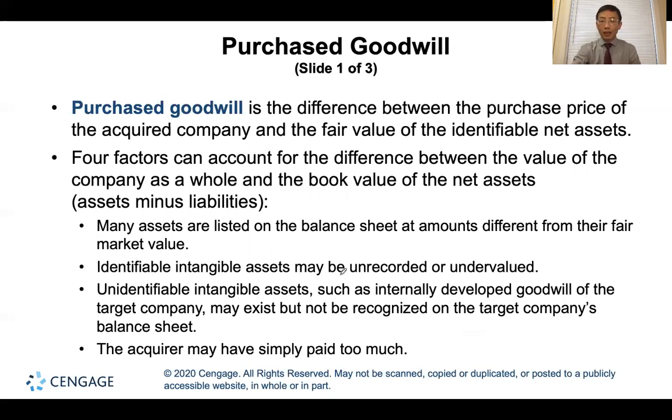If I want to buy a Starbucks, the trademark or the marketing relationship is very valuable, but the book value cannot measure these intangible assets very well. So these intangible assets may be undervalued, and if you buy the whole company, you need to pay more than the book value.